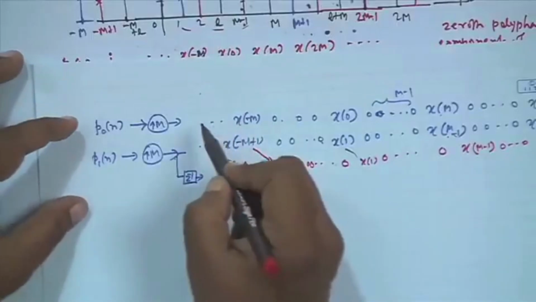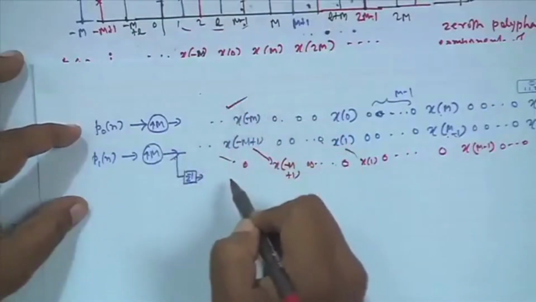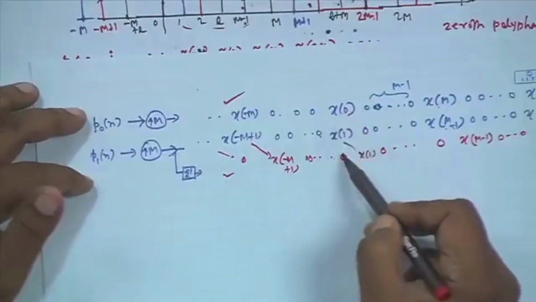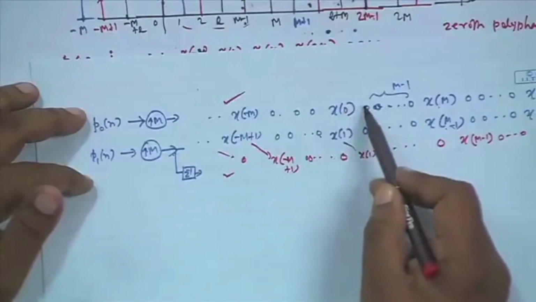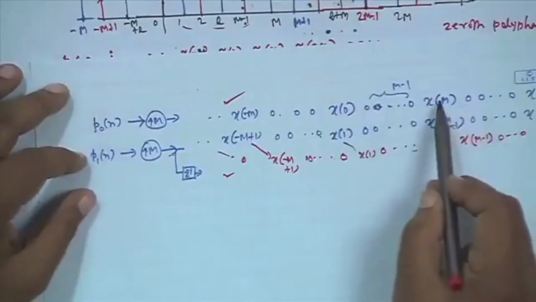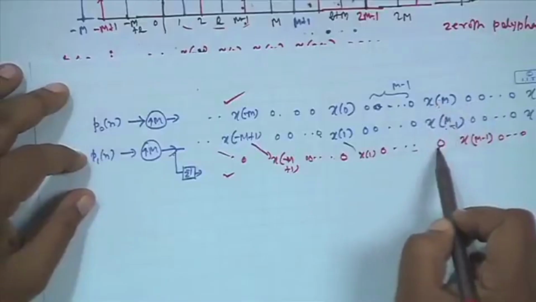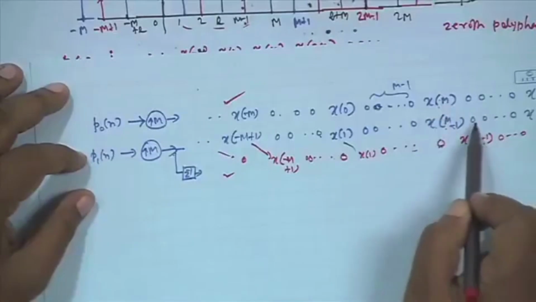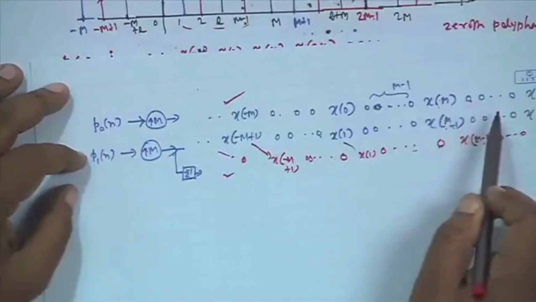Now, if you add this and this, what will you have? X 0 plus 0, so x 0, x 1 plus 0, x 1. Then of course, zeros with zeros, zeros. Then x m, now below there is a 0 has come, this has moved to right. So, x m plus 0, x m minus 1 plus 0, x m minus 1.